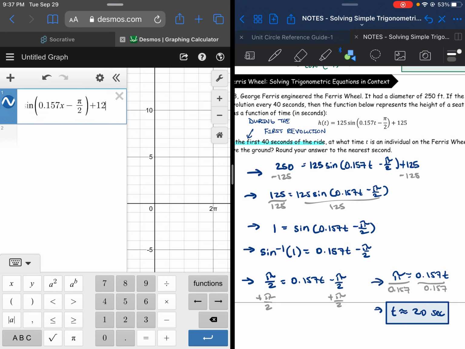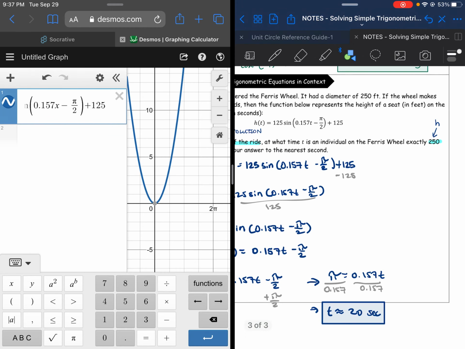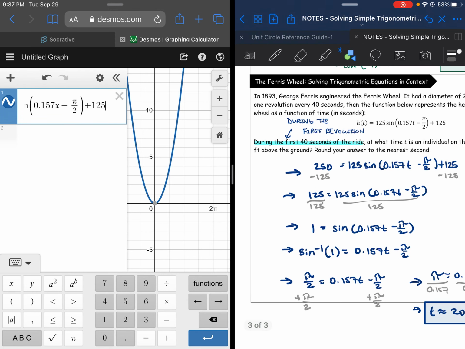plus 125. And we can't see the graph very well because most of it is pretty high up there in the coordinate plane. But what we want to do is find the time where an individual seat is 250 feet above the ground.